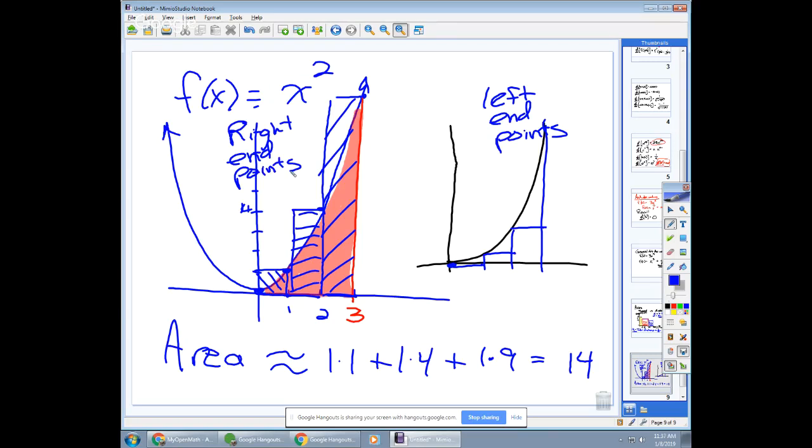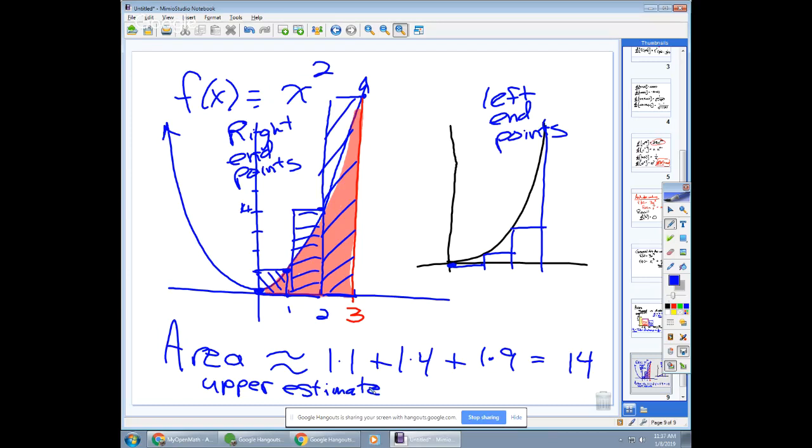Will right endpoints always yield bigger areas than I need? The answer is it depends on how the curve is shaped. Not always. This right endpoint happened to be what we call an upper estimate. Sometimes it's called an upper sum because we're adding things up, right?